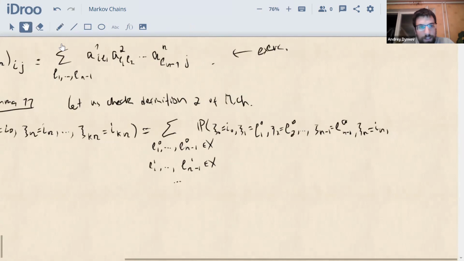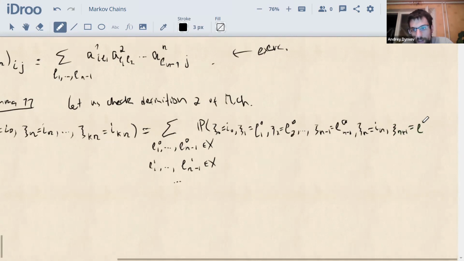Then at xi n plus 1, I should be at L11, etc. Okay, so I hope you understand what do I mean.